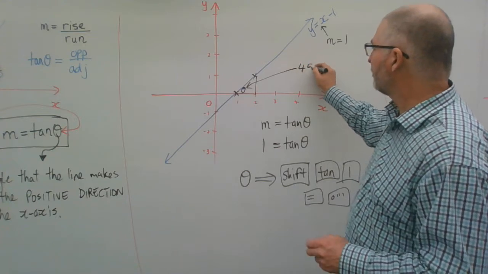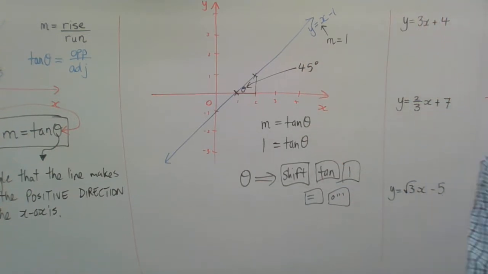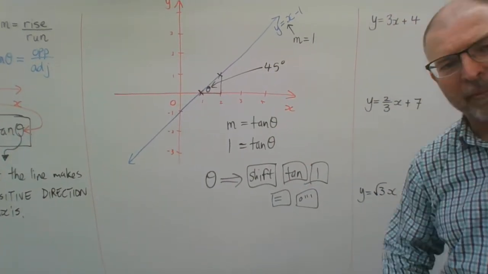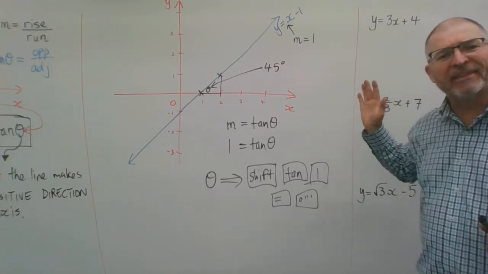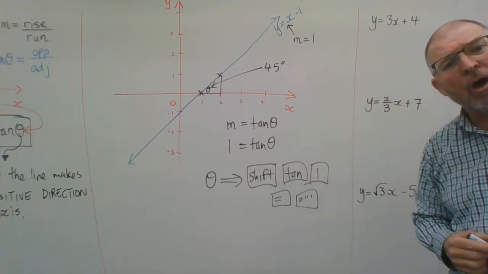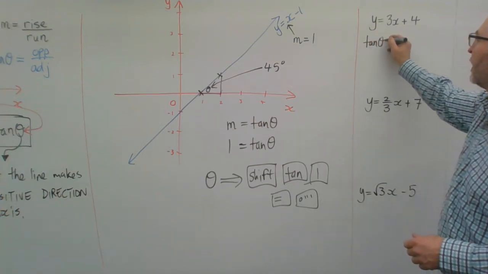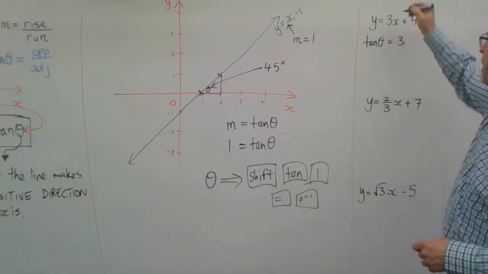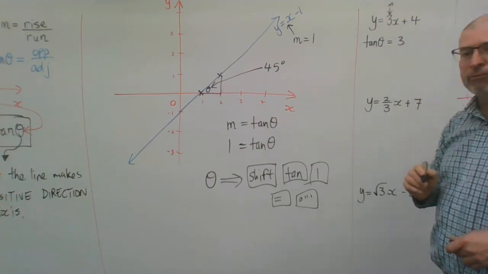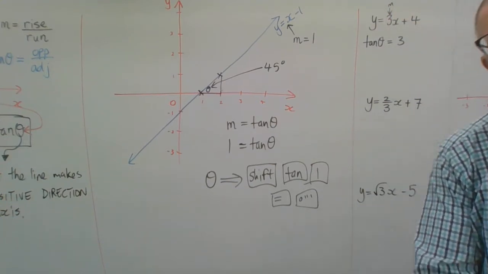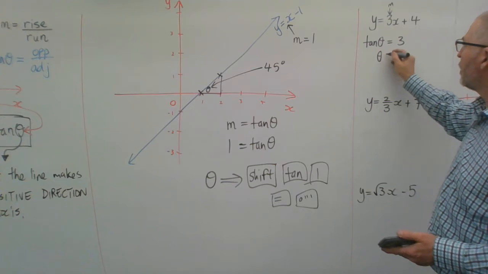That there is 45 degrees. All right, you don't need to have a picture then to be able to work out the angle of inclination of each of the lines, right? You can say that tan theta here is equal to 3 because m was 3. So when you want to find an angle, you go shift.